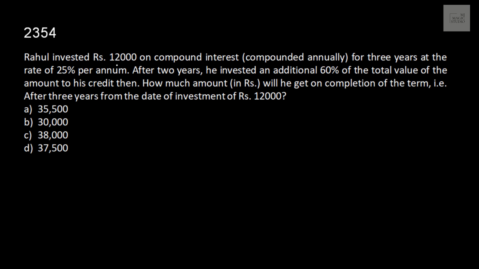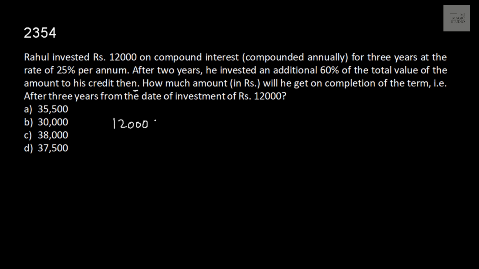Rahul invested 12,000 on compound interest compounded annually for 3 years at the rate of 25% per annum, that is 1/4. After 2 years, he invested an additional 60% of the total value of the amount to his credit then. Okay, let's see how much amount was there in his account after 2 years. 12,000 invested.